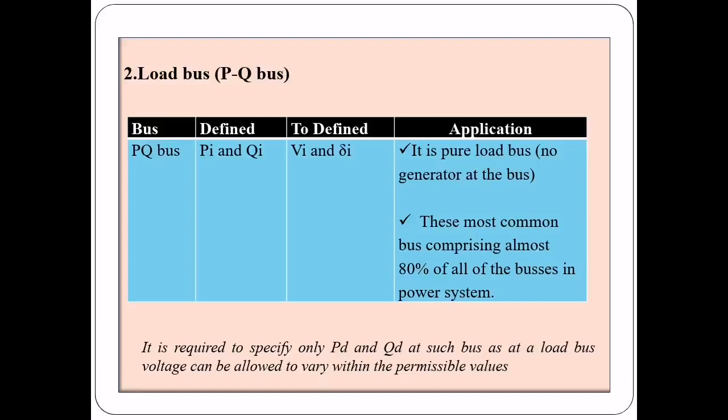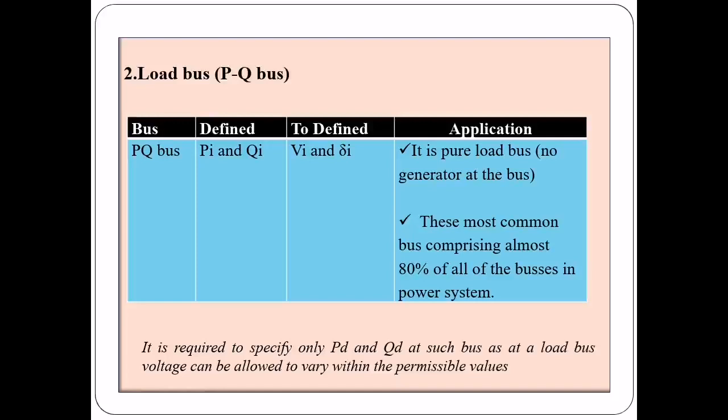Then coming to the second type, load or PQ buses. Here P and Q are specified, as the name PQ bus says: P is given, Q is given. So the unknowns, the values to be calculated, are V and delta. P and Q are given, V and delta are to be obtained.